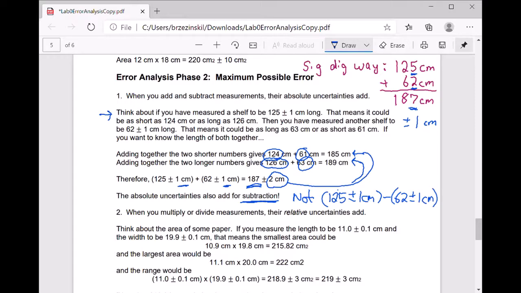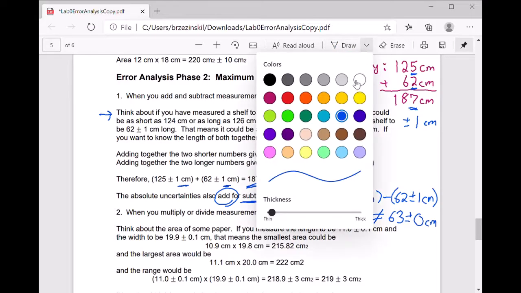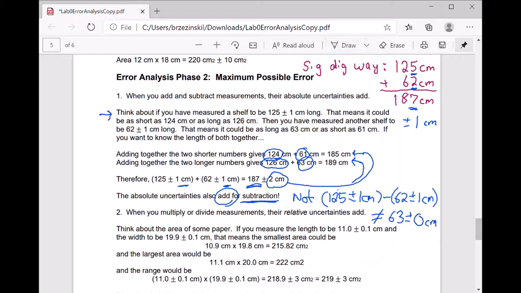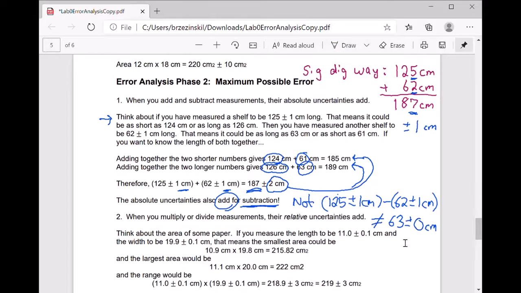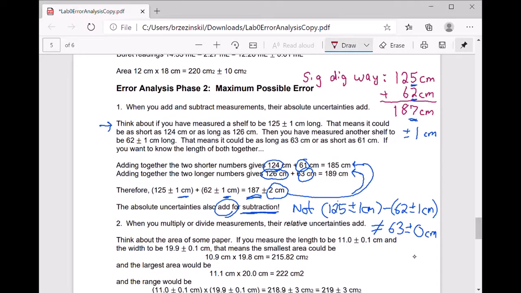So you would not get 63 plus or minus 0 centimeters. So you don't subtract it. So they also add. It would not be 63 plus or minus 0. It would be 63 plus or minus 2 centimeters. You would also add even if you were doing subtraction.